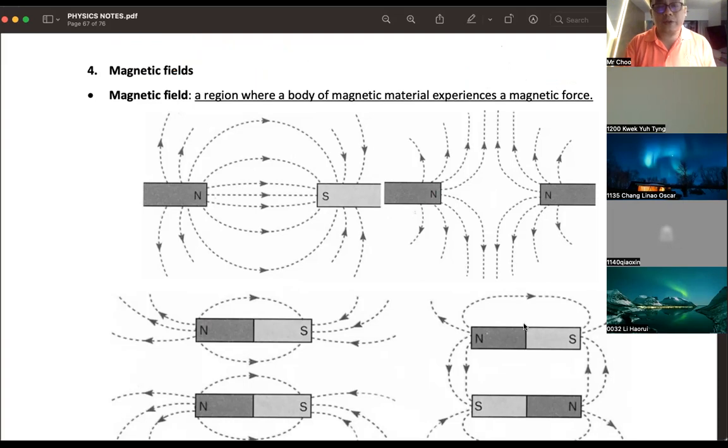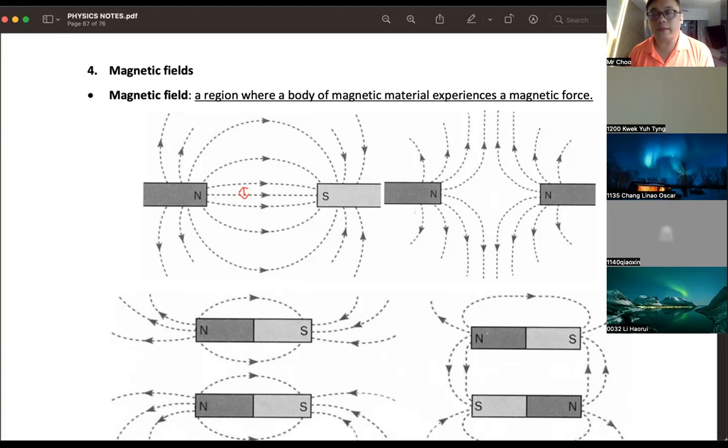Okay, so this electric field pattern, you understand? The other thing I need to tell you is this. If the two lines are very close, is the magnetic field strength stronger or weaker? Well done, Yuting. Xiaoxing, well done.